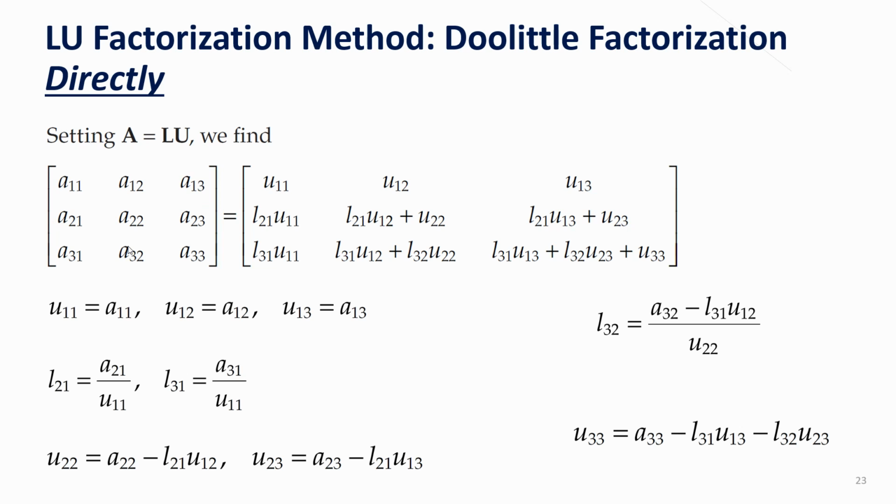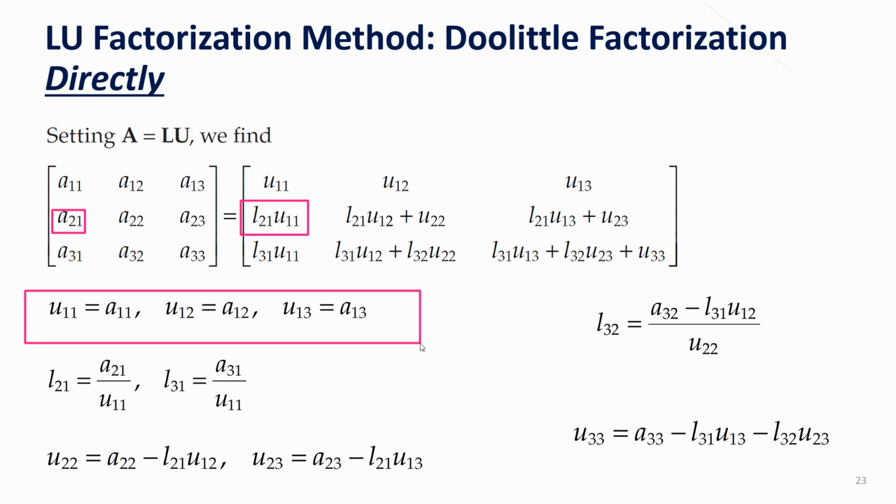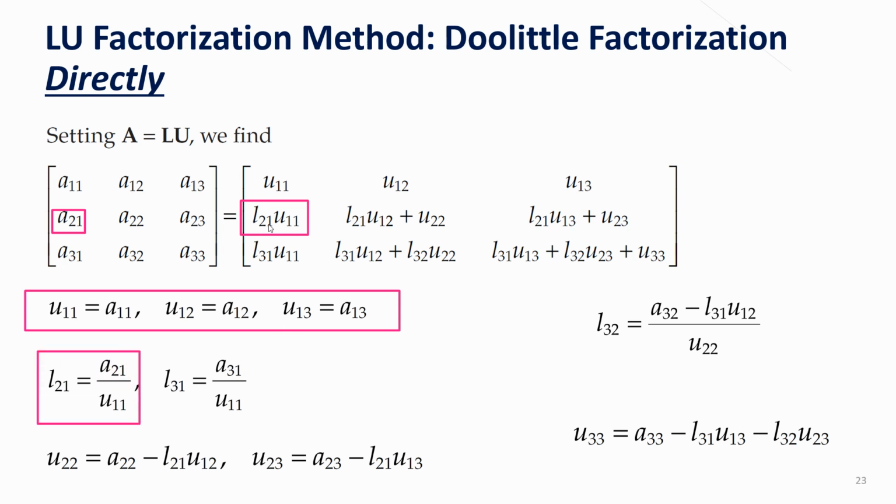So when you want to get the value of, let's say, A21, it equals L21 multiplied by U11. So if you plug in this value, you know the value of this one. In order to get the lower matrix entry L21, it will be equal to A21 divided by U11. Because you already know the value of A21, and U11 is A11, right?